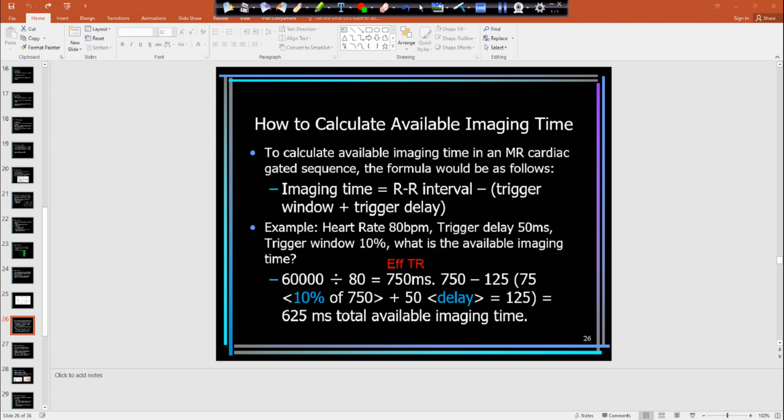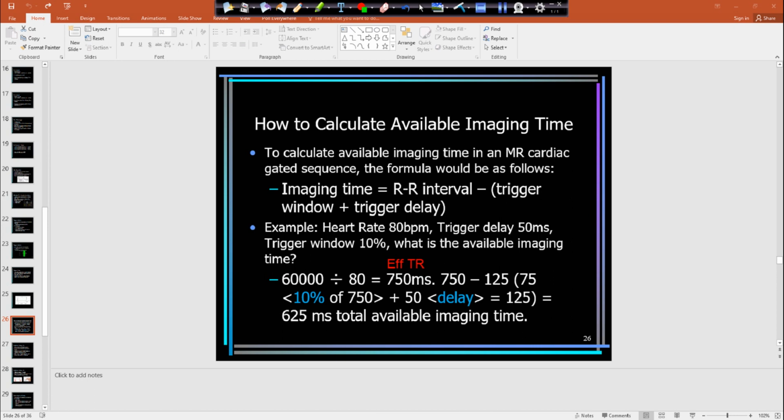Now we take our 750 and subtract our two safeguards. Our first safeguard is our trigger delay, the 50, but remember, it's within our parentheses, so we add it to our trigger window. So 50 plus 10% of 750, which equals what? 75. So 75 plus 50 equals 125.